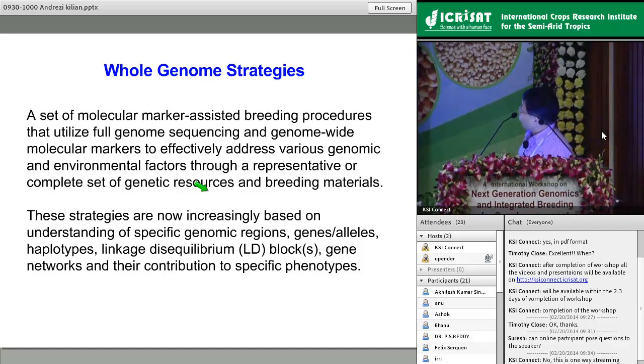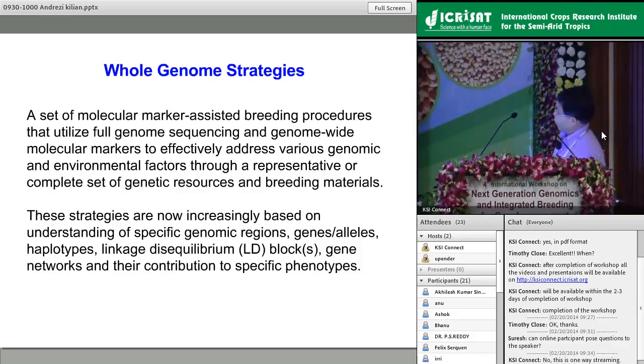So what's the whole genome strategy? I defined it as a set of molecular marker-assisted breeding procedures that utilize the full genome sequence and genome-wide molecular markers to effectively address various genomic and environmental factors through a representative or complete set of the genetic resources and the breeding materials.